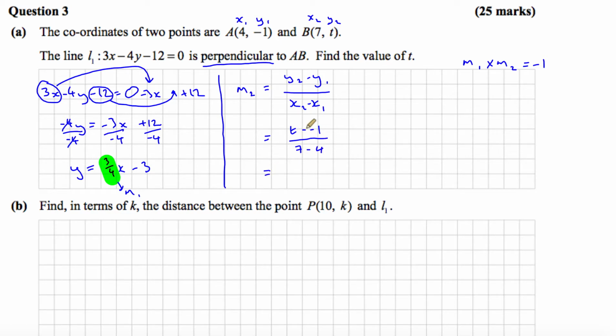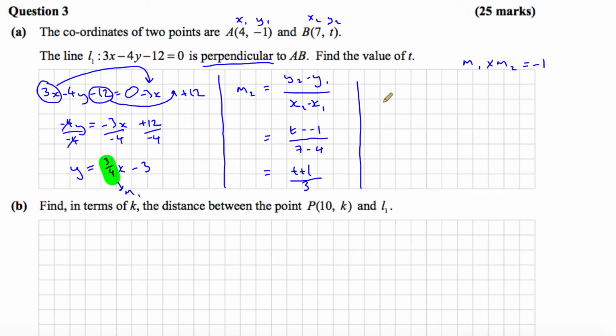So we tidy that up. t minus -1, that's t plus 1, over 7 minus 4 is 3. So (t + 1)/3 is the slope in terms of t of the line AB. And then we're going to use this fact here to set up the equation.